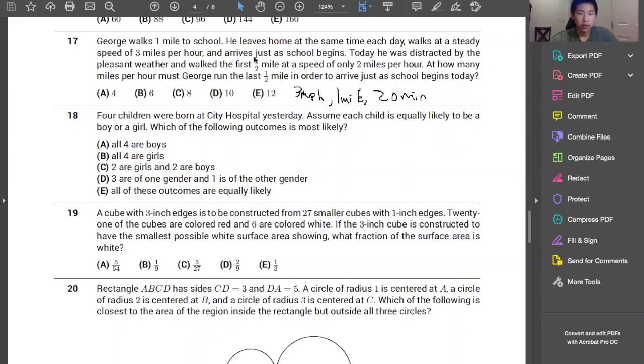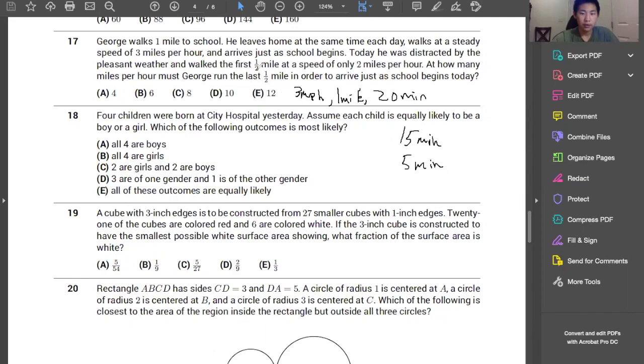And today, going 2 miles per hour for a half a mile. Well, going 2 miles an hour would usually take 30 minutes for 1 mile. So for a half mile, that would take 15 minutes. So that leaves us with only 5 minutes to run the last half mile.